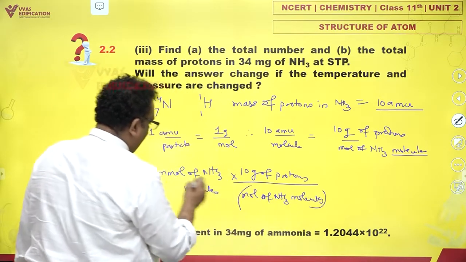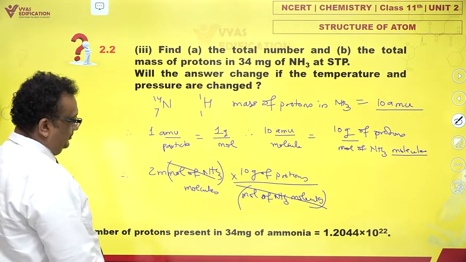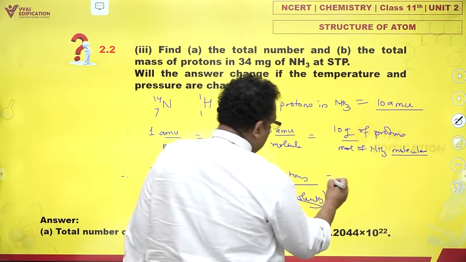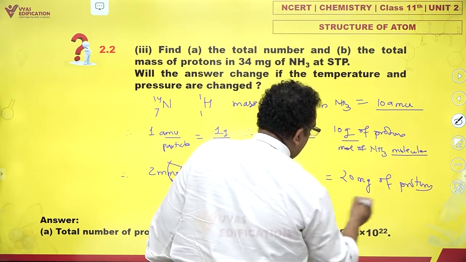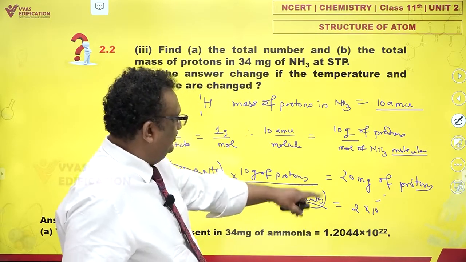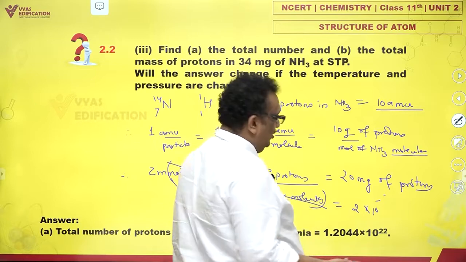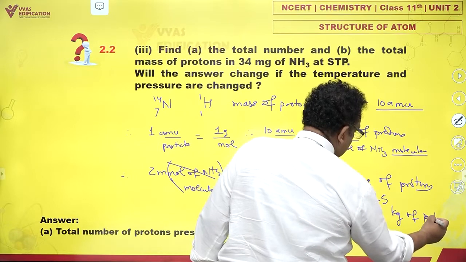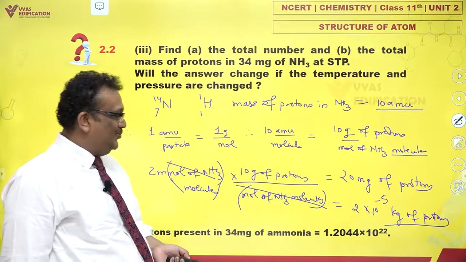I have written units very clearly so that you can just cancel them. So I get 20 milligrams of protons. If you want to calculate in kilograms, then milligram is 10 raised to minus 6 kilograms, so 2 into 10 raised to minus 5 kilograms of protons. Okay, so much so.